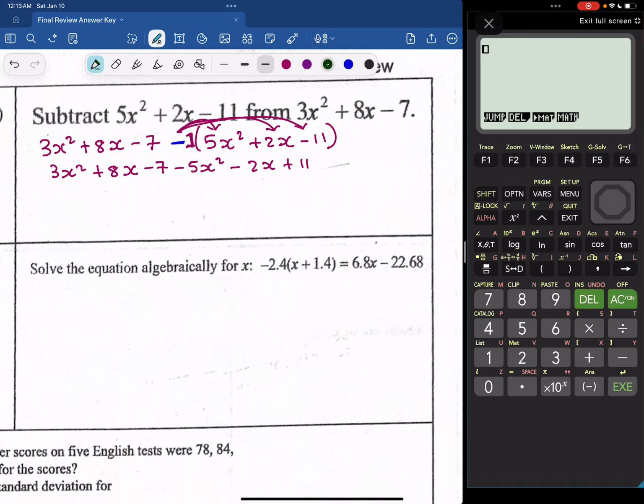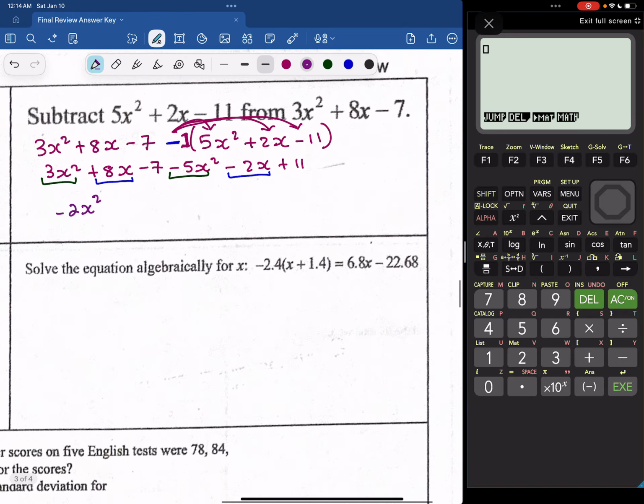So our first pair of like terms are 3x squared minus 5x squared, which is just -2x squared. Then we have 8x minus 2x, which is just positive 6x.